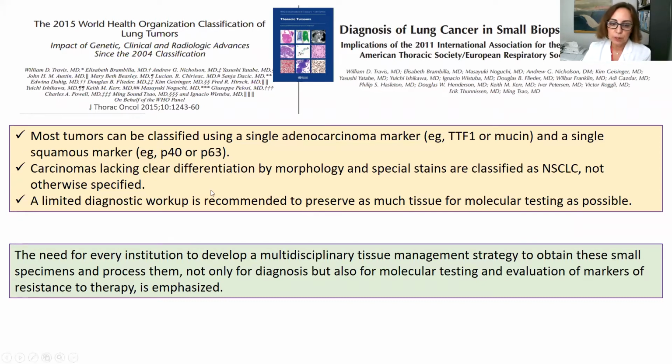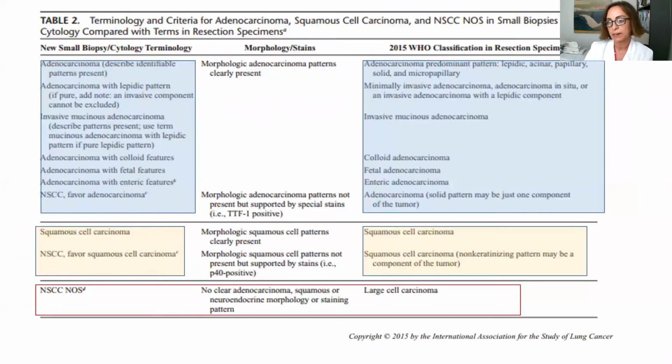And they recommend that every institution develop a multidisciplinary tissue management strategy to obtain these small specimens and process them properly, not only for diagnosis but also for molecular and biomarker tests.